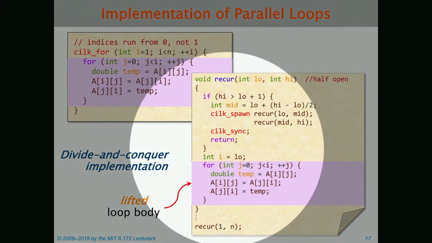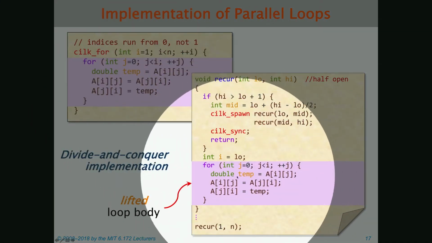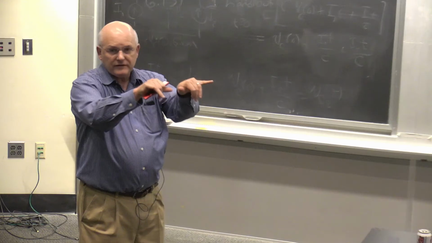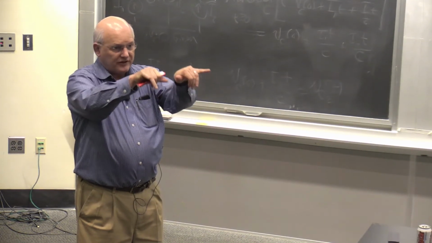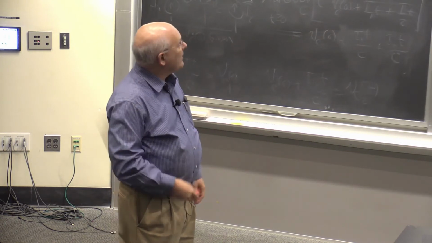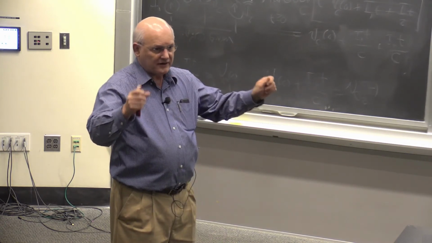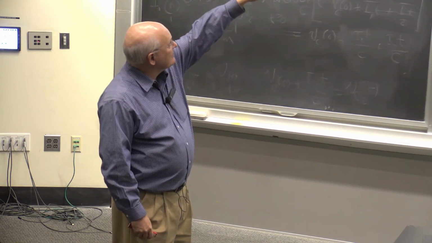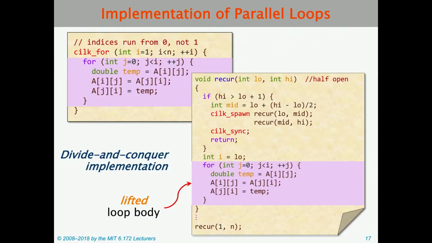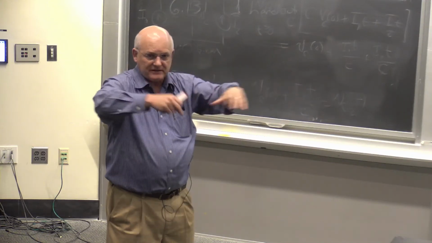This is basically the loop body here, which has been lifted into this recursive program. And what it's doing is it is finding a midpoint and then recursively calling itself on the two sides until it gets down to, in this case, a one-element iteration, and then it executes the body of the loop, which in this case is itself a for loop, but not a parallel for loop. Okay? So it's doing divide and conquer. It's just basically tree splitting.